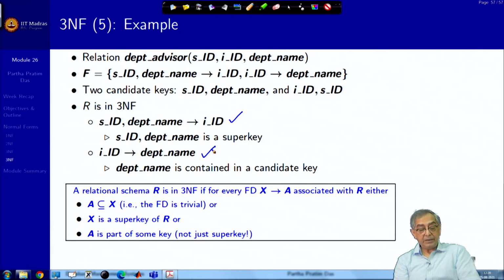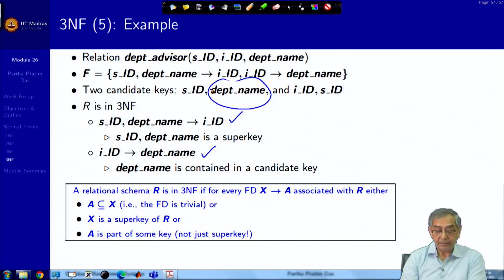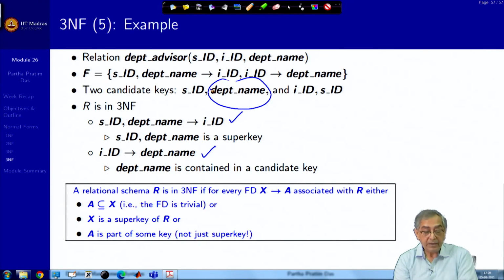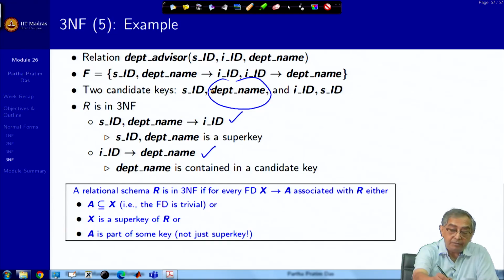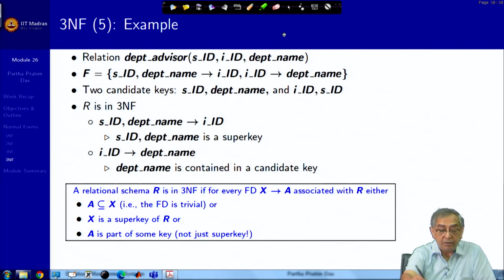IID determines department name, but here IID is not a super key, but department name is a part of a candidate key. So, this relation is in 3rd normal form and we are happy to go with it as a 3rd normal form relation.